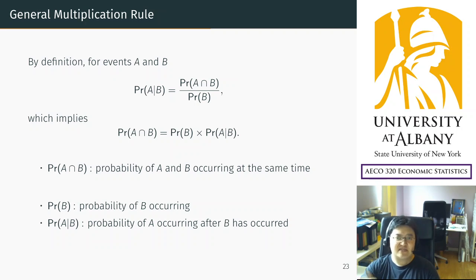And if yes, then I ask, are you promoted? Yes or no. So you may split the two events sequentially, but in the end, they should be the same. It's just hypothetical approaches. To interpret this general multiplication rule, I gave you these more intuitive examples.